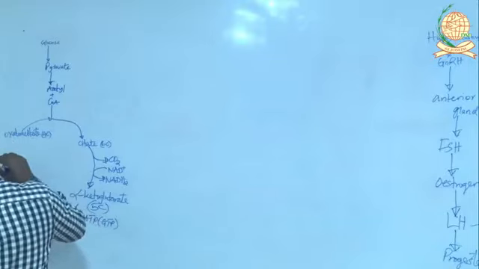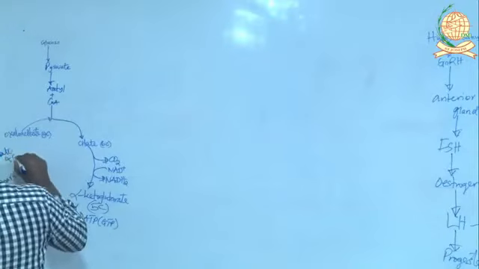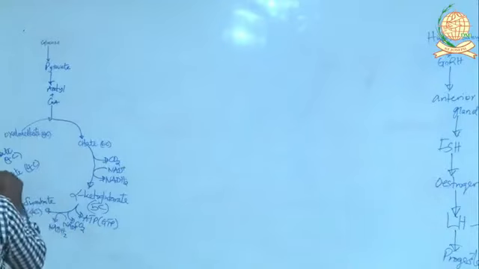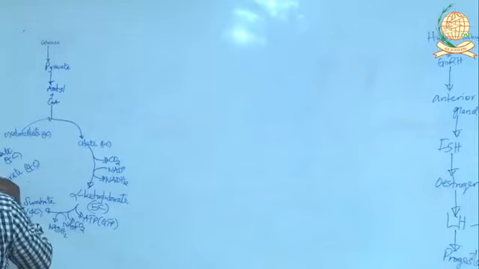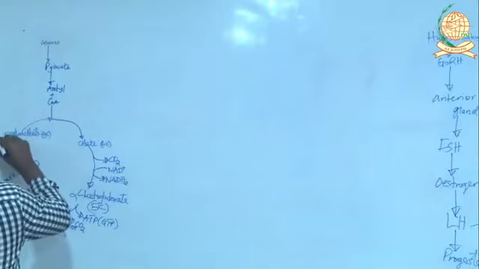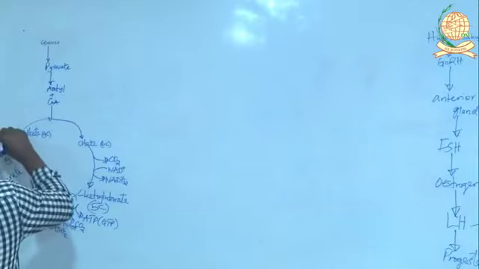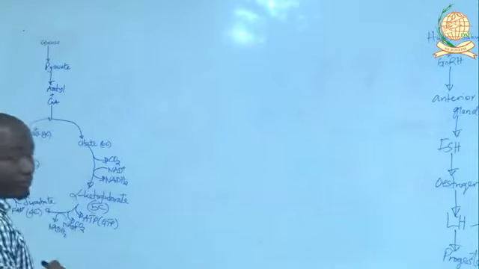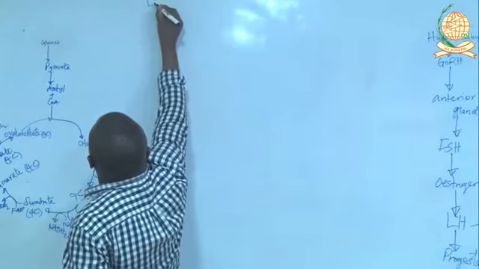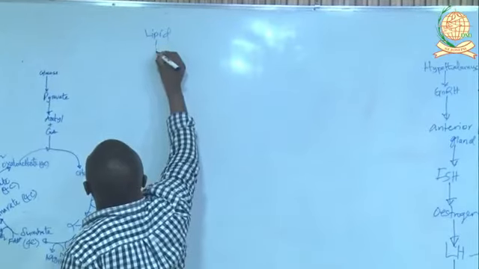Here it is then converted to malate, and this malate is a 4-carbon compound. This involves hydration, where water is added, and then it is converted to oxaloacetate, where another NAD picks a pair of hydrogen and becomes NADH2. So that is how respiration of lipids occurs. Lipid is first hydrolyzed into 2 components.